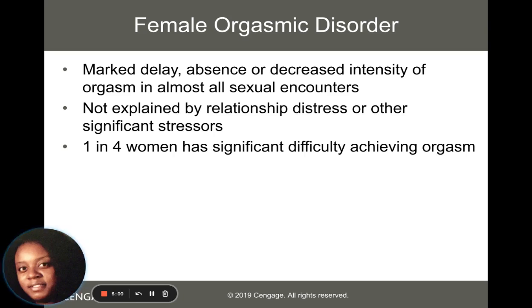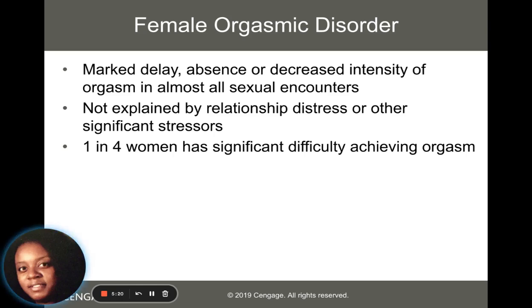Another common sexual disorder is female orgasmic disorder. This involves a marked delay or absence or a decreased intensity of orgasm in almost all sexual encounters. It's not explained by relationship distress or any other type of significant distressors, like not getting along with a partner.